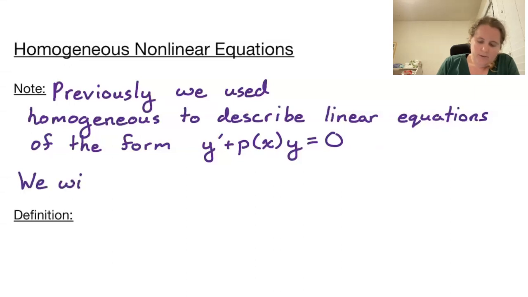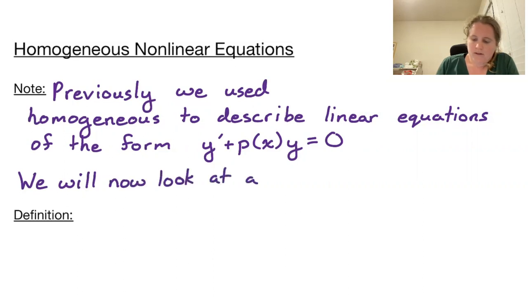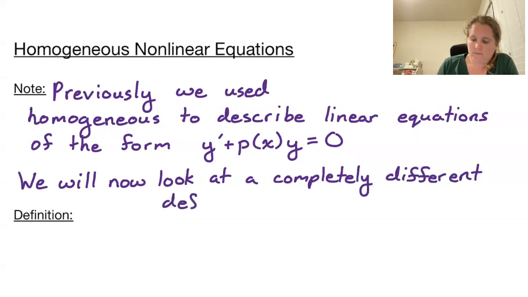So we will now look at a completely different definition for homogeneous.